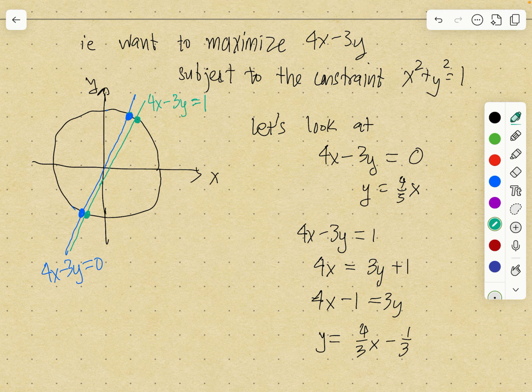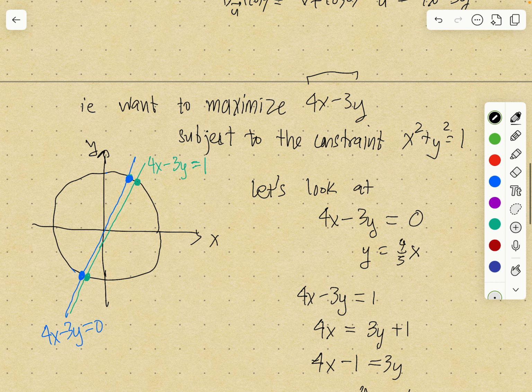Because the value is 1. At the blue points, the value is 0. And you're trying to maximize the directional derivative. So at the blue points, the directional derivative is 0. At the blue-green points, the directional derivative is 1. Remember that this is the directional derivative.